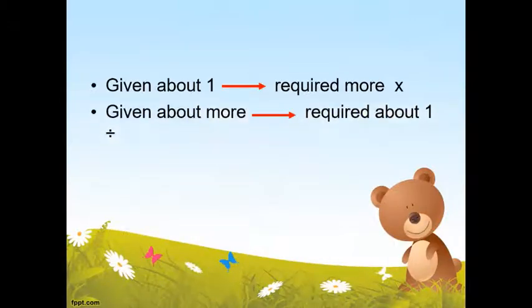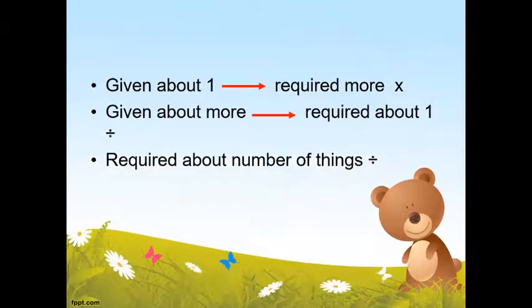Again, when we want to find about one thing and we are given a lot of things, we will do the division, because multiplication gives us a bigger answer, and when we are doing the division, we are getting smaller answers. And one more thing: if we want to find the number of things, we should do the division as well. So let's start doing our questions.